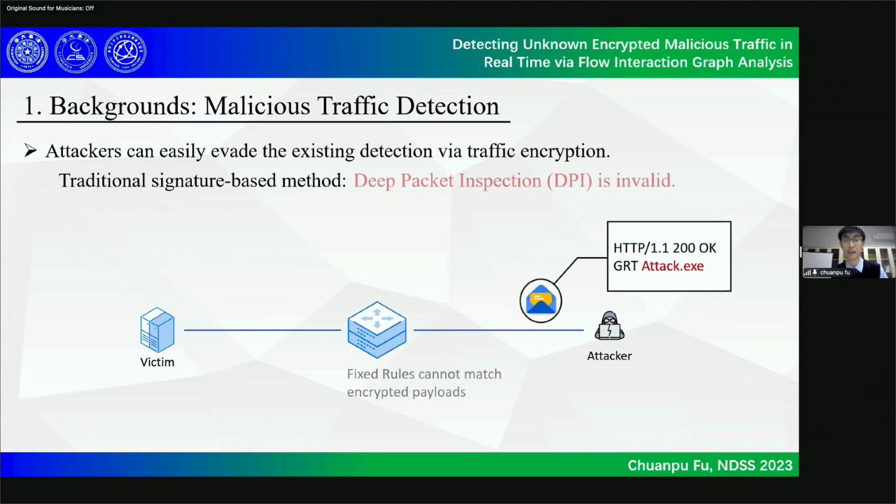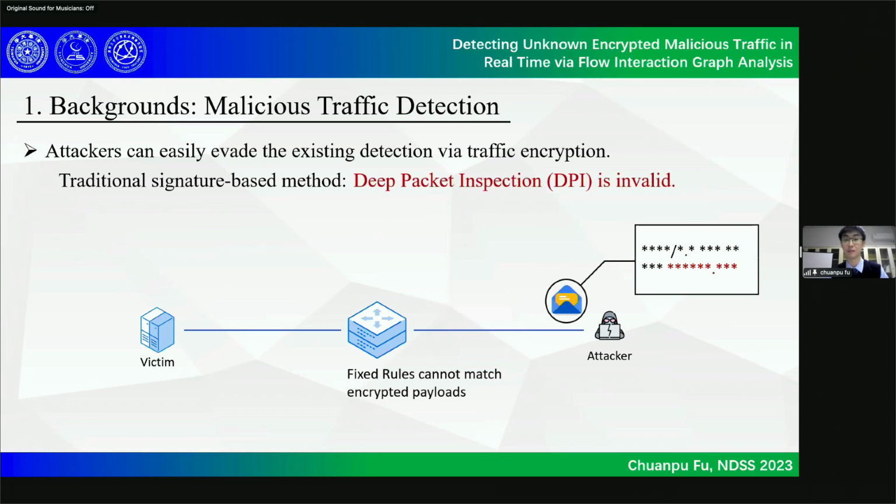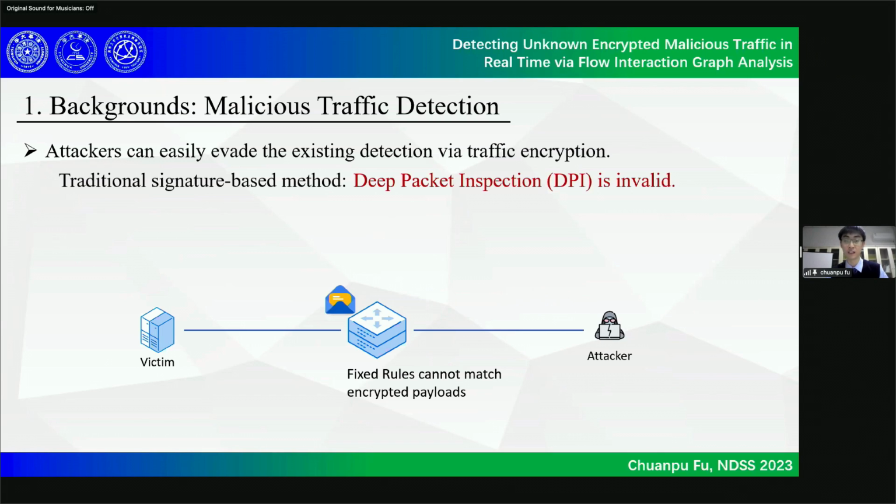However, attackers can encrypt packet payloads to invalidate DPI because DPI cannot inspect encrypted data unless it can decrypt the traffic. So it's impossible for existing traditional signature-based methods to detect encrypted malicious traffic.